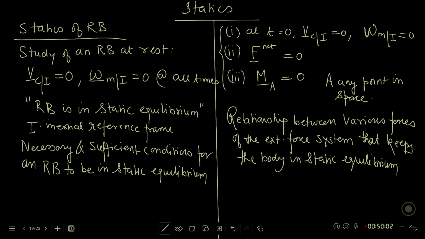But there could be some RBs which are in static equilibrium and there are external force systems acting on the RB. We want to study such RBs and we want to know the relationship that must exist between different forces of that non-trivial force system that still keeps the body in static equilibrium. That's the interest.